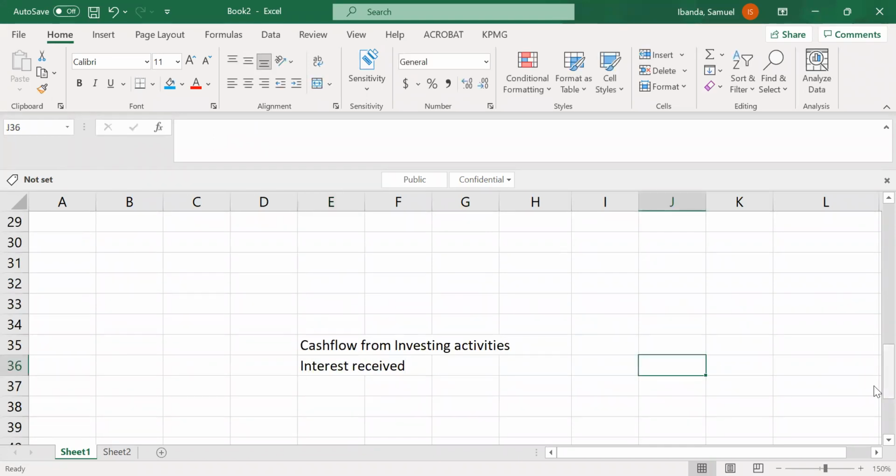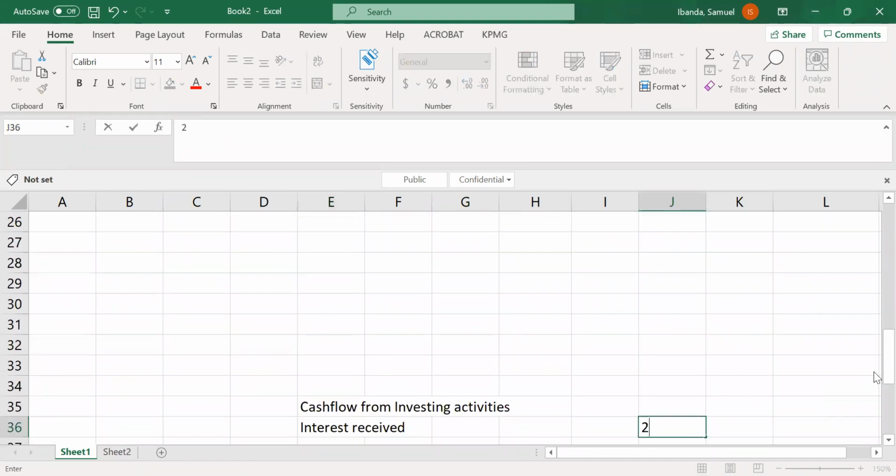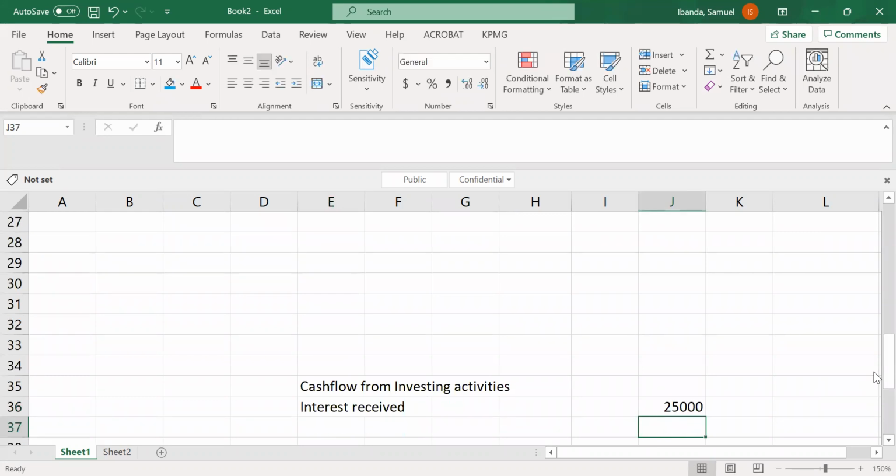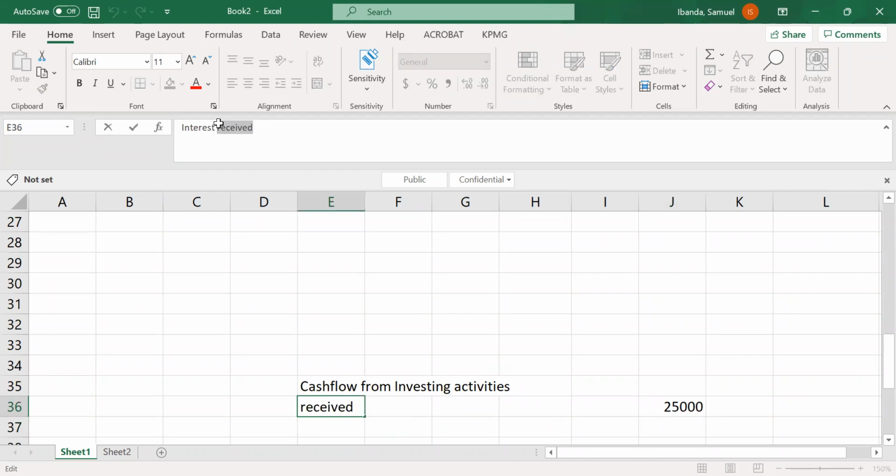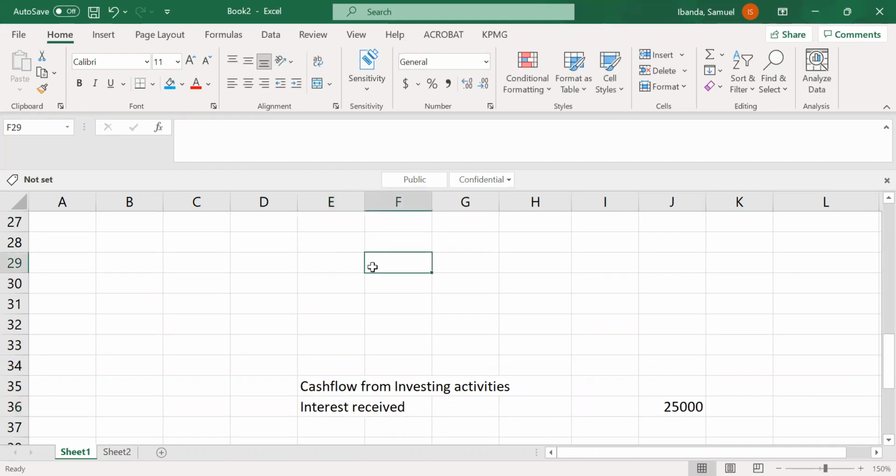The reason I'm bringing that figure directly here is because they have put this word received. If they just said interest income, it would include what has been received and what has not been received. But since they have said interest received, this is directly the cash that has been received. So we recognize this directly.